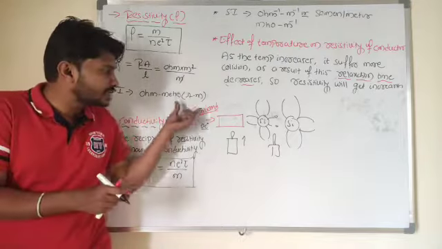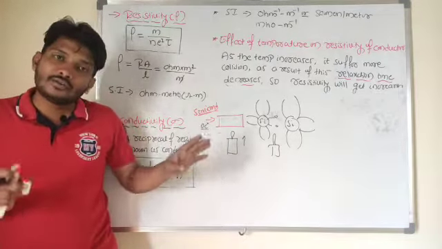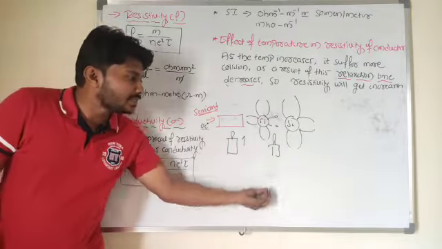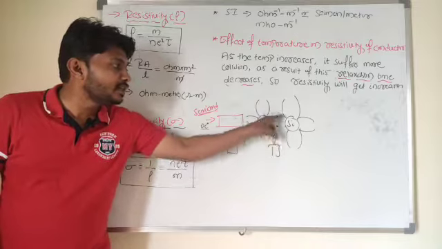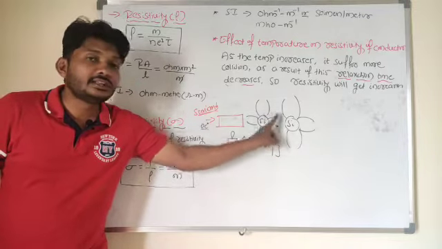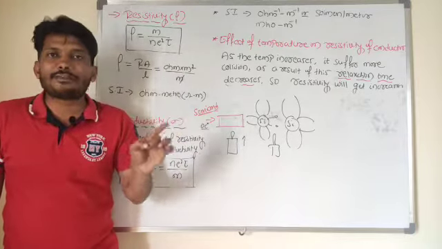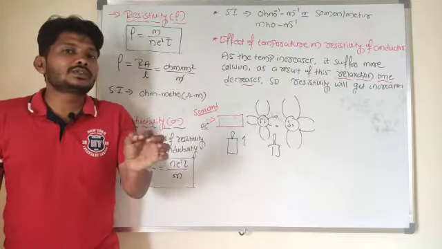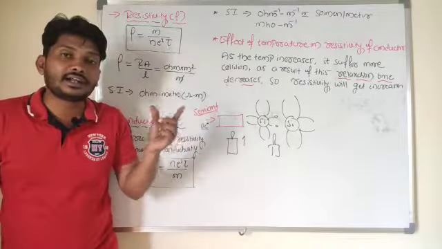But in a semiconductor, at low temperature there are no free electrons. As you provide temperature, the covalent bonds between neighboring atoms break down. As a result of the breakage of the covalent bond, free electrons start to be generated in the semiconducting material.